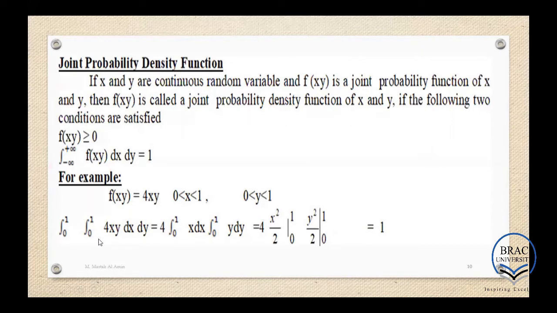Taking the integration of the function over x and y, we have the value 1. So it also satisfies the second condition. Therefore we can say f of x, y is a joint probability density function.